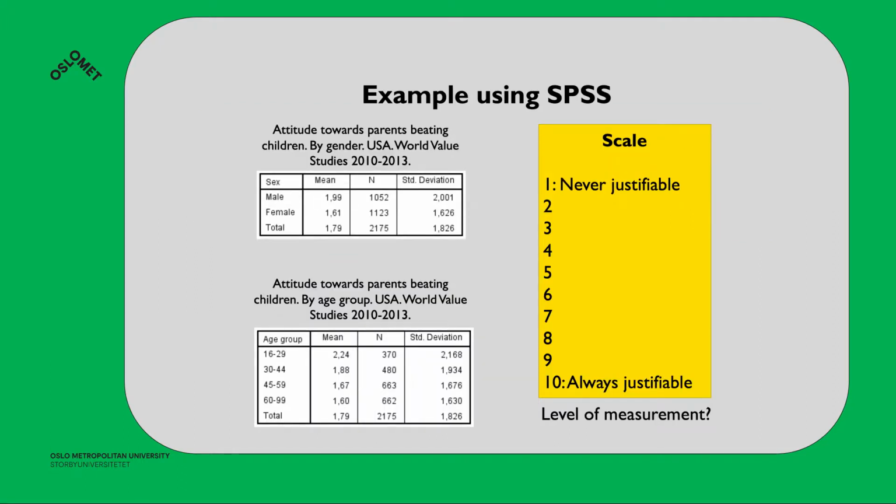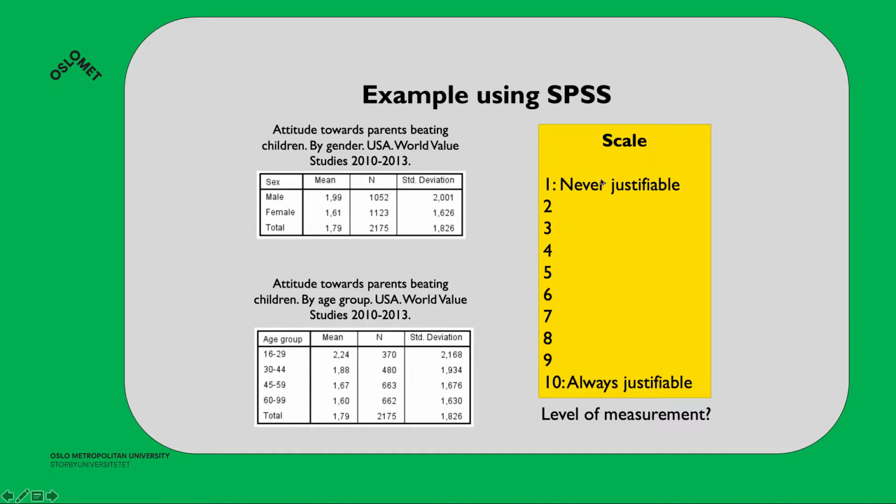And we are going to use an example from SPSS. We're going to look at attitudes towards parents beating children, and that's our dependent variable. And in the first analysis, we're going to compare two means, and we're going to compare the difference by gender. So if we look at this table, we see that males find it a bit more justifiable for parents to beat their children than women, because the mean is a bit higher.